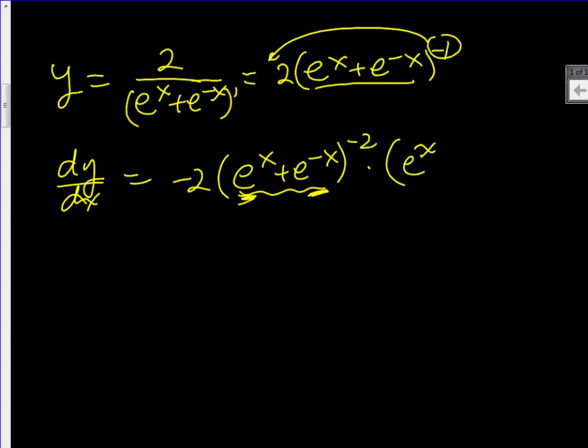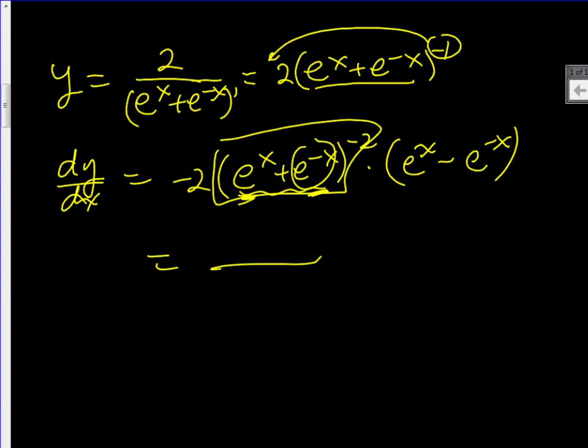That is, the derivative of e to the x is e to the x plus. Now the derivative of e to the negative x is e to the negative x times negative 1. So that plus just becomes a negative. Now this factor having a negative exponent, and it's in the numerator, I'm going to put it in the denominator and I'm going to change the sign to positive 2.